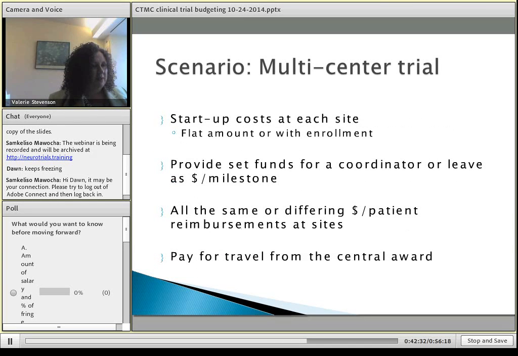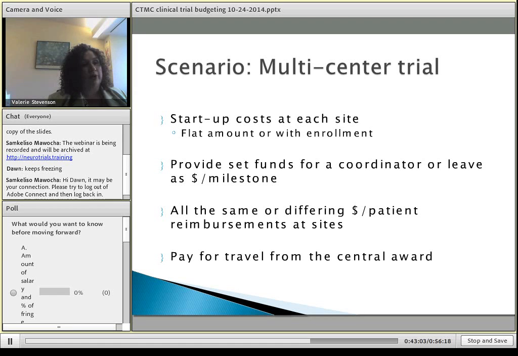So in this scenario, some things you want to think about when you're doing a multi-center trial is startup costs. So we think about the effort for people at our sites, but what are the startup costs? There may be IRB filing fees. There could be costs for someone to actually do some of the regulatory work. There could be startup costs for setting up laboratory space or training.